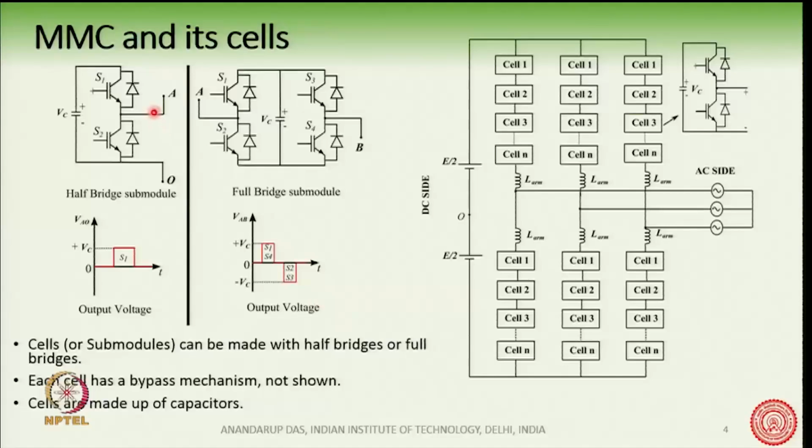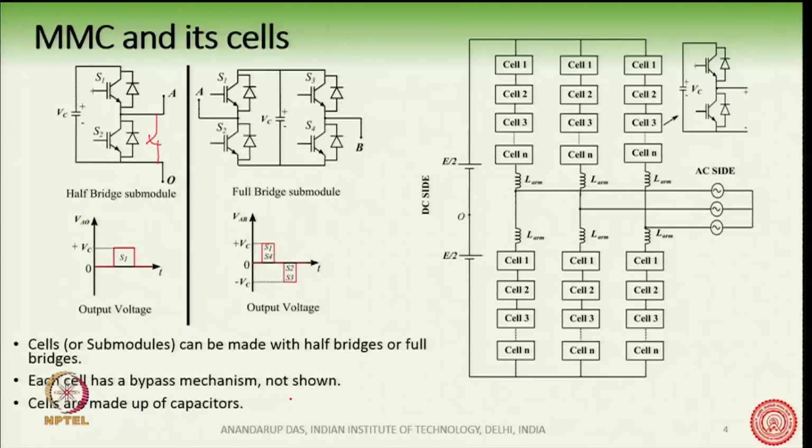Now, each cell also has a bypass mechanism. It is not shown here right now, we will discuss it sometime later. What is the bypass mechanism? There is a bypass switch, which will be activated when we want to bypass the cell.